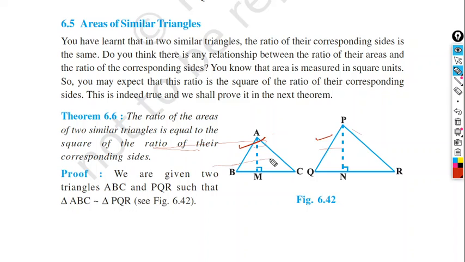So the ratio of their areas will be equal to the square of the ratio of their corresponding sides. What is given is that triangle ABC is similar to triangle PQR. So we'll move to the second page now.